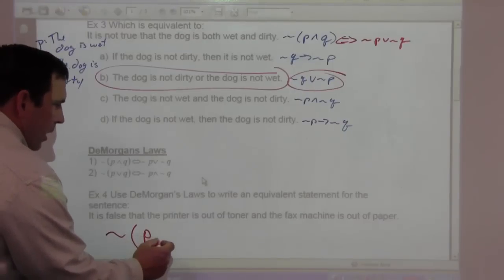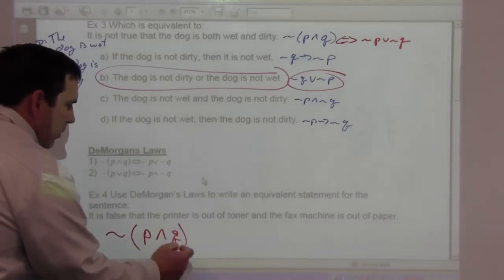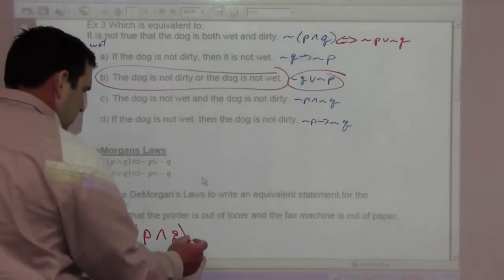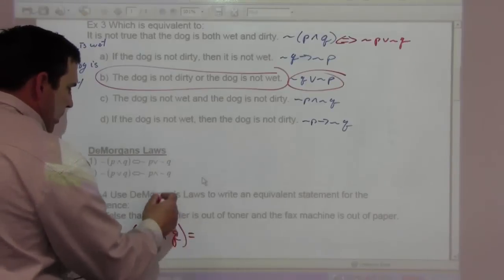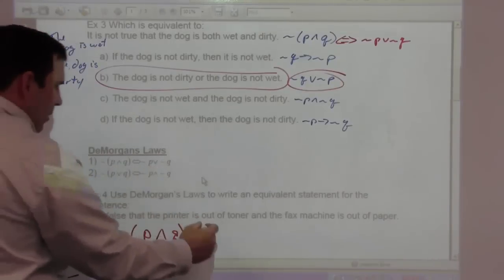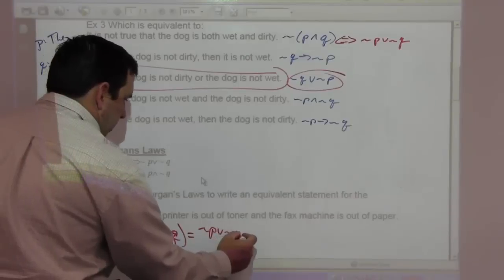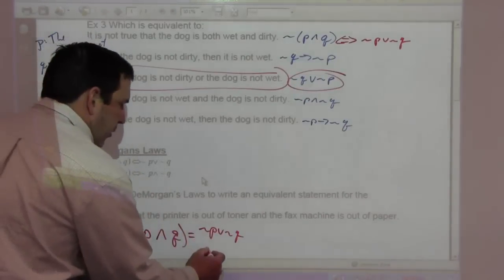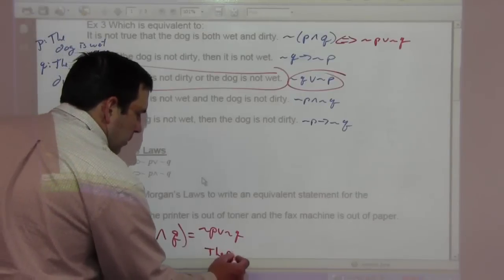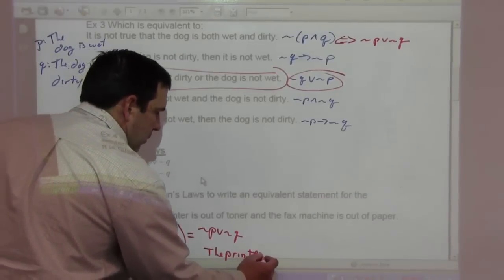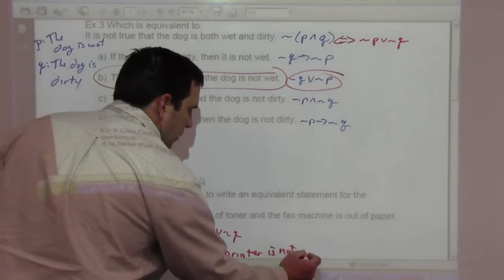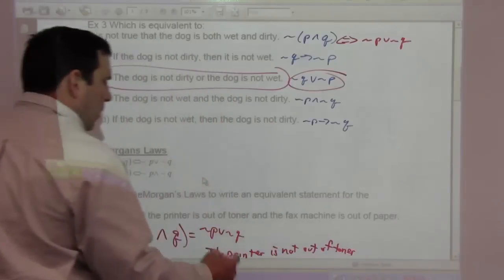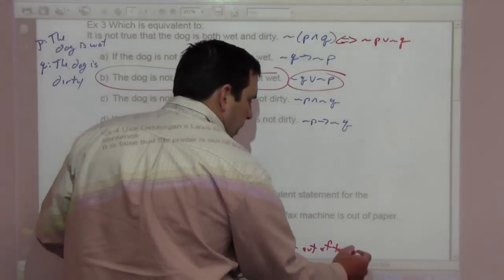P and Q. So the negation, or De Morgan's law's equivalent, would be not P or not Q. So we'd say the printer is not out of toner, or the fax machine is not out of paper.